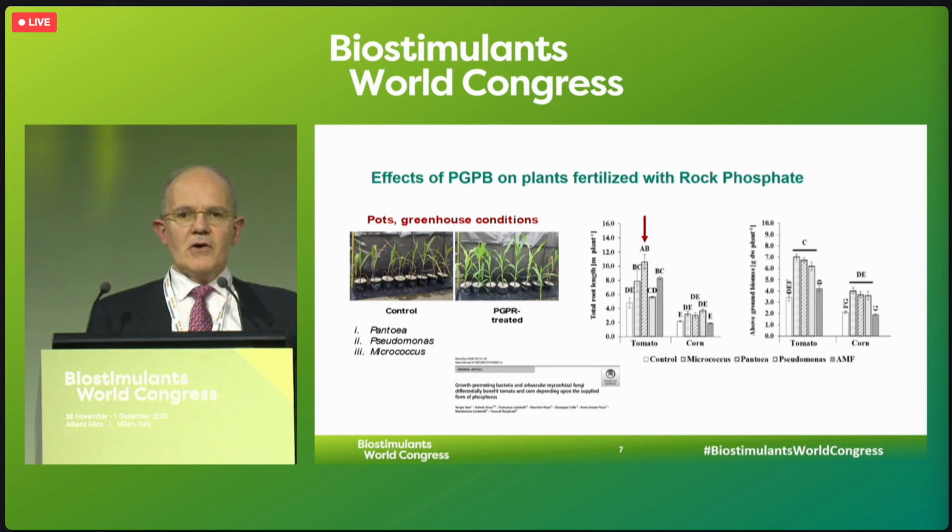But there was a major problem with this microorganism. It was a Pantoea agglomerans, and we analyzed in detail the genomic DNA of this microorganism, and the affiliation to this species was never in discussion.